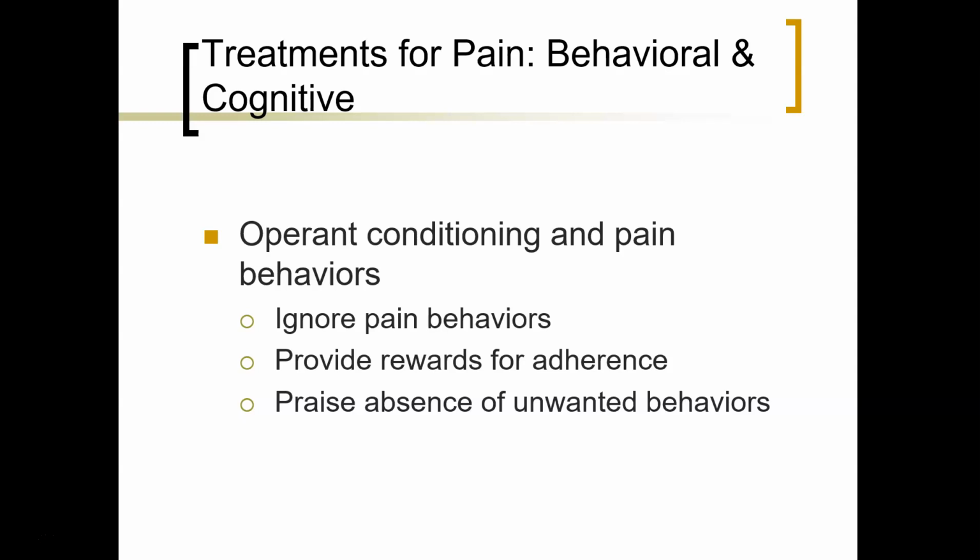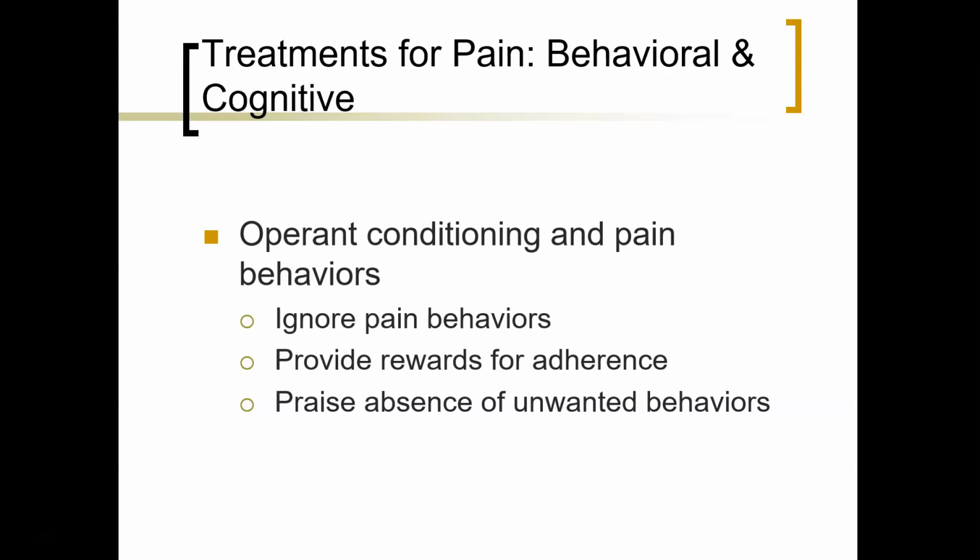So take the example of someone who is walking very slowly because they have had experience with back pain and they're worried that if they walk too quickly, they will have sharp pains in their back. So they walk very slowly. In the past, that has been reinforced because it's allowed them to avoid additional back pain. Well, they're not moving very quickly. They're not functioning as well as they could.